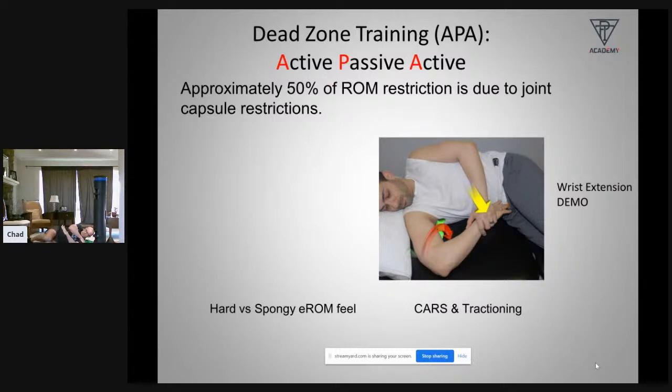So I run out of joint space right now, run out of active range of motion. And the question becomes, do I have more passive range of motion without a biomechanical change of pattern? So active, passive, the difference between active and passive being my neurological dead zone.